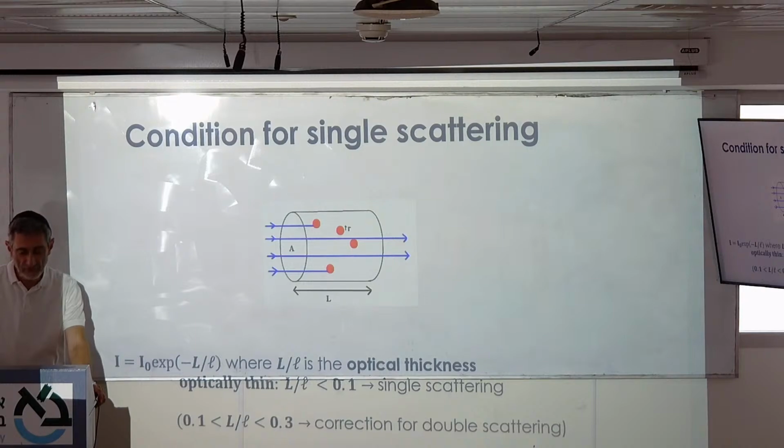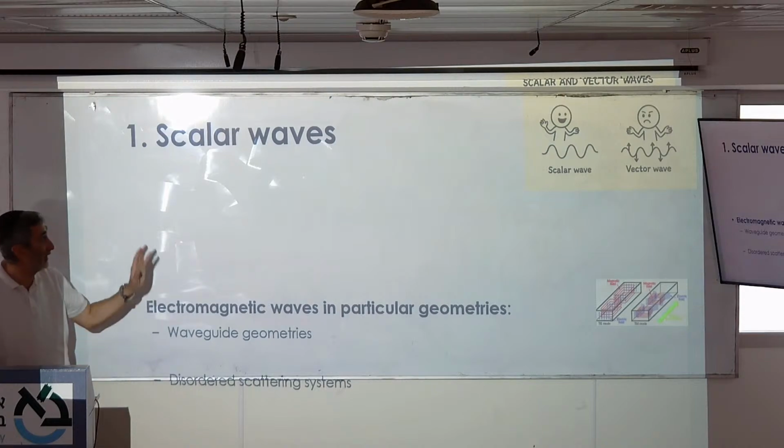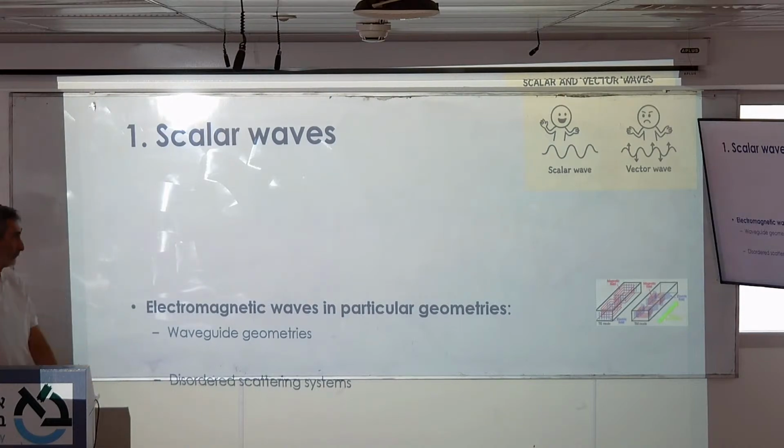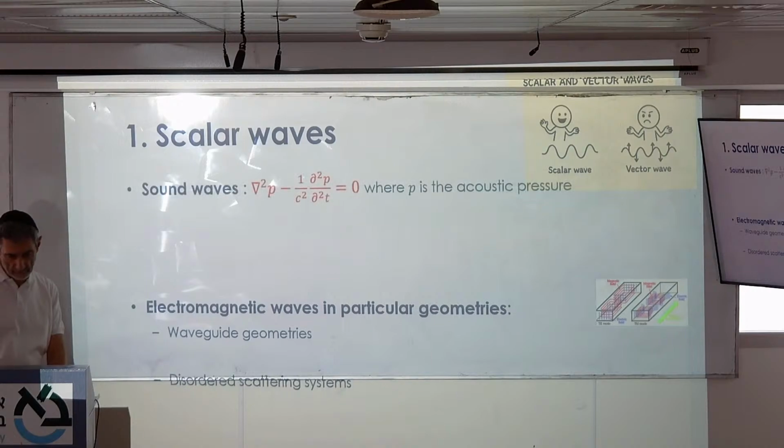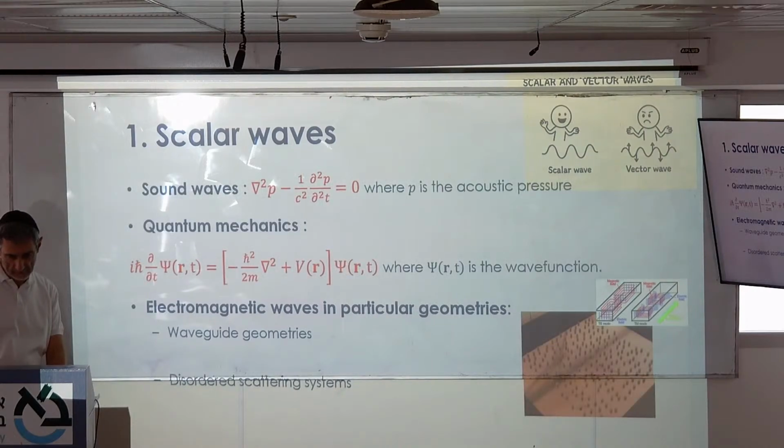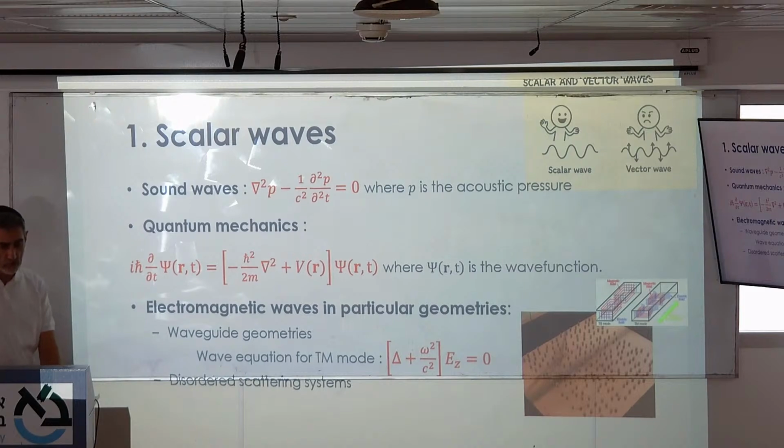Okay, so as I told you in the introduction, let's start with a simple case, which is the case of scalar waves. What do I mean by scalar waves? A simple example is sound waves in air.